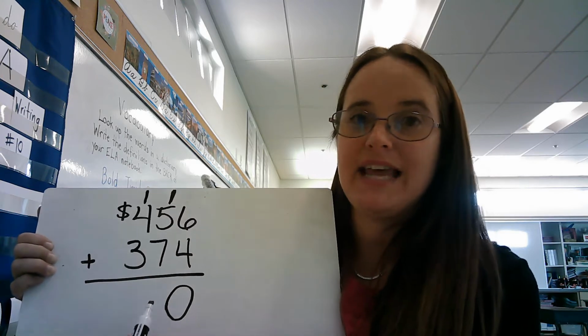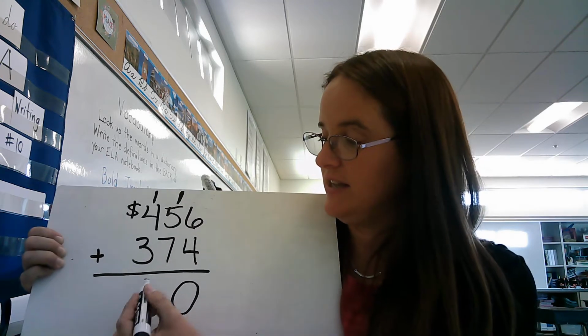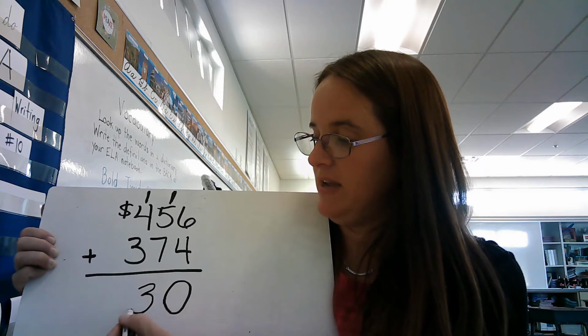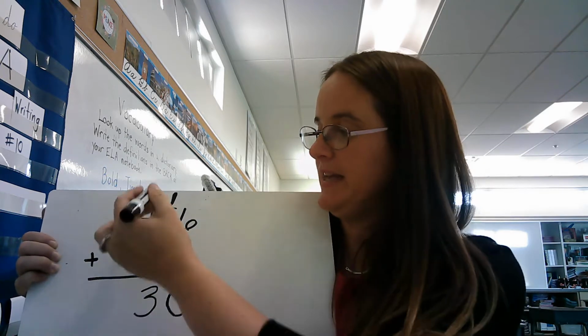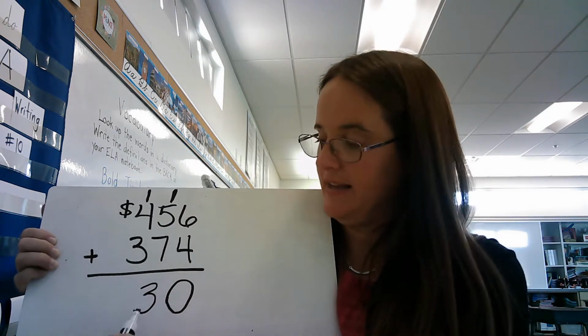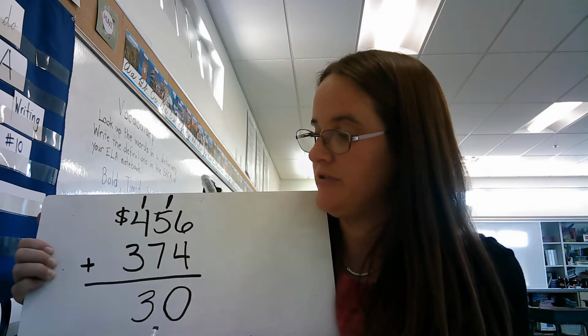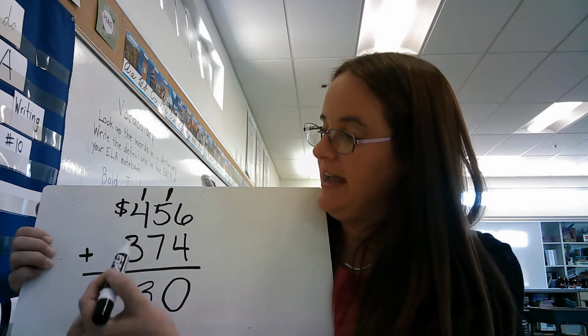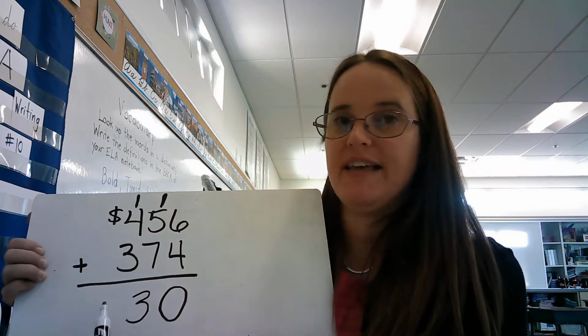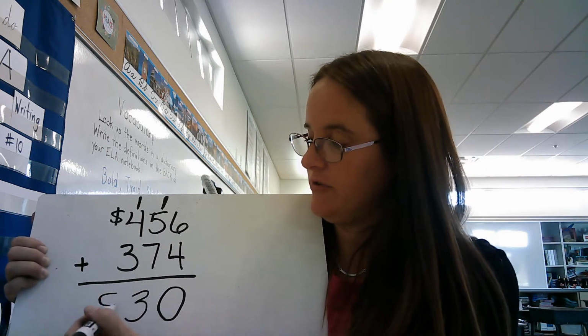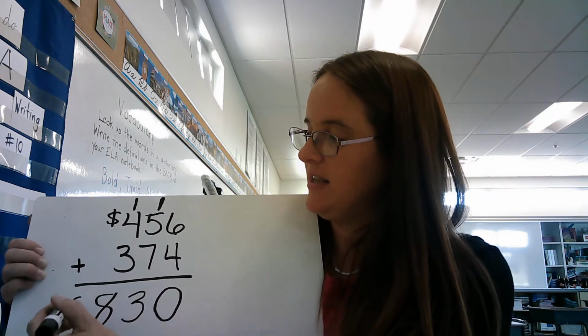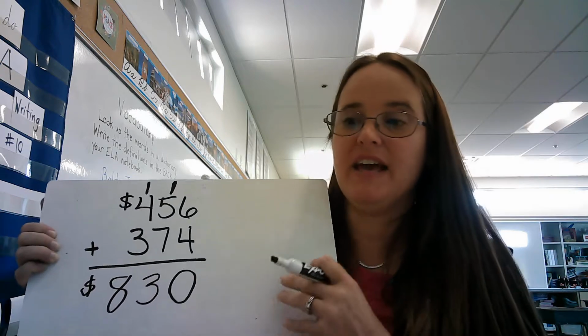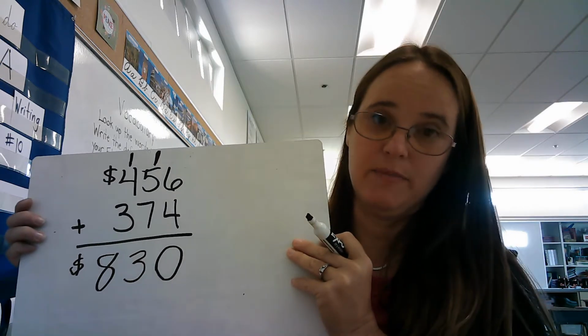And how many tens would I have left? I would have 3 down here. So basically, I put my tens place and then I carry my hundreds. Now I have 3 hundreds, 4 hundreds, and that one extra 100 for a total of 8 hundreds. So Rayetta spent $830 fixing up her new car.